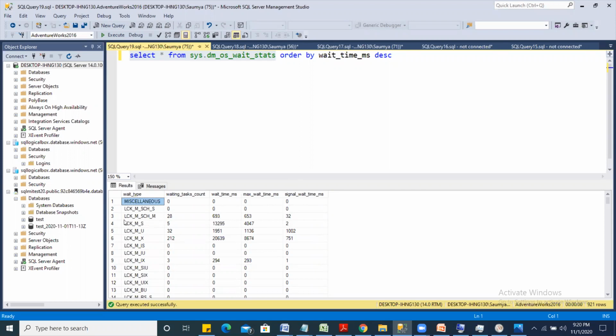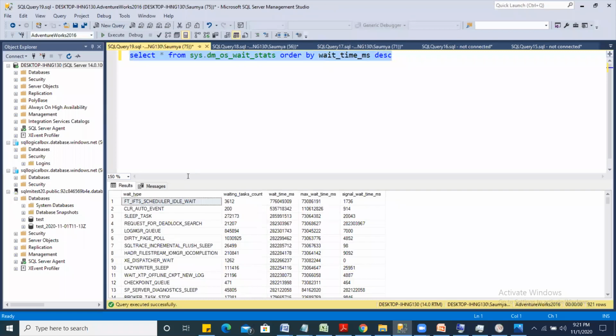So what I will do is sort this output on the wait_time_ms column, that is the total wait time, in descending order. Let us execute it. It got executed here. I sorted this output on wait_time_ms. What is this? Let us try to understand.